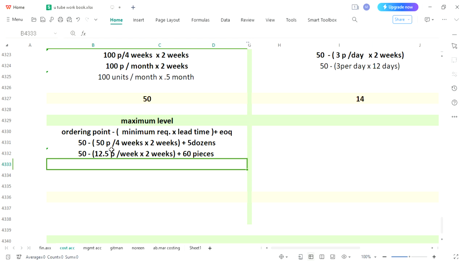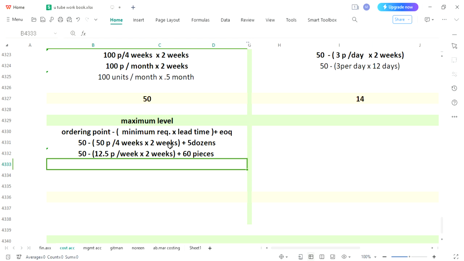Your focus and your attention is needed. In question, 50 pieces were given for 4 weeks. There is no logic of 4 weeks. Always we do have any requirement in single unit. So we have turned 50 pieces for 4 weeks into pieces per week, and calculated form was 12.5 pieces per week.